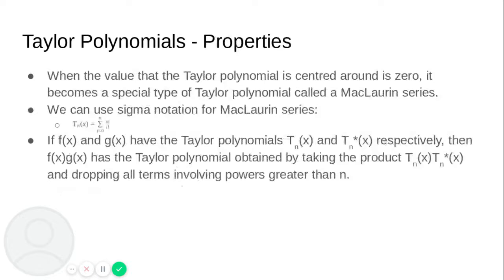Additionally, if we are multiplying two functions, for example f of x and g of x, and f and g have the Taylor polynomials T and T prime, then the Taylor polynomial of the product of f and g is obtained by taking the product of T times T prime and dropping all terms with powers greater than n.